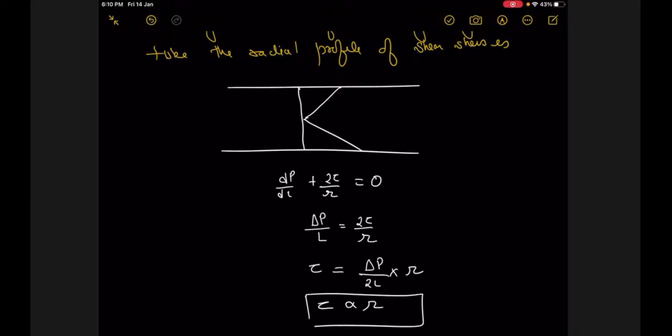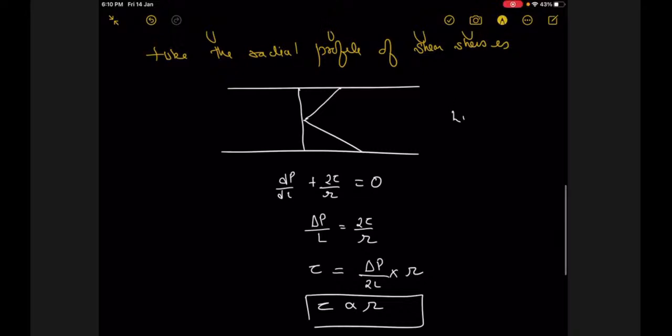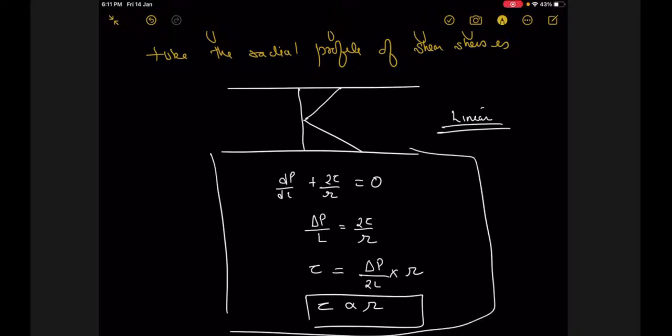So what will the profile be? The profile will be linear. Okay, this derivation is asked so many times in the GATE examination. On the basis of this, there are so many questions.